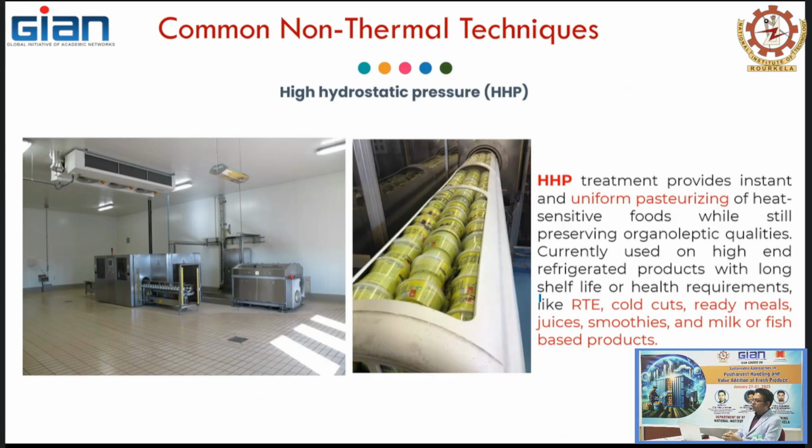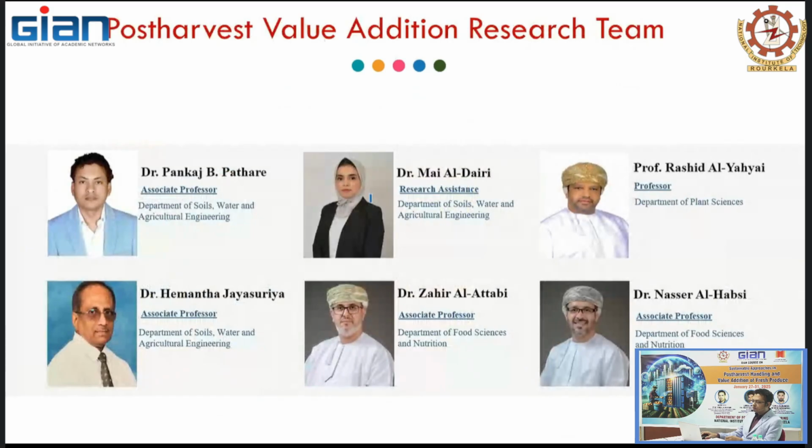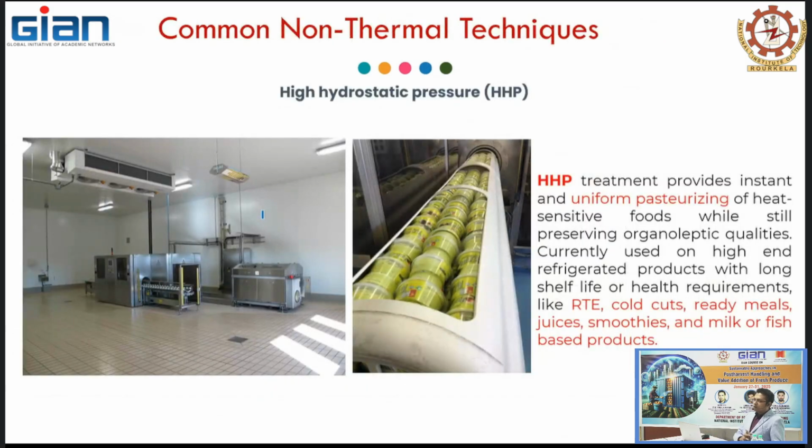So it has quite a few benefits, particularly for industries looking at ready to eat products, ready meals, juices, milk or the dairy industry, fish or meat industry, both raw as well as processed product. This process is quite popular. So that is about our non-thermal processing.